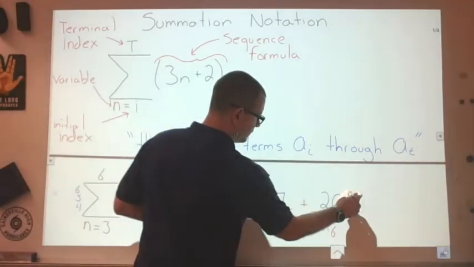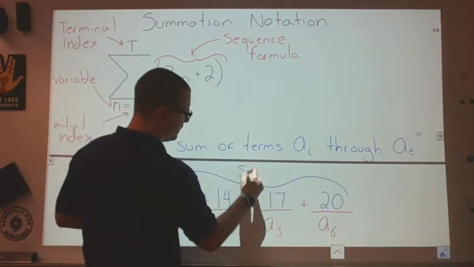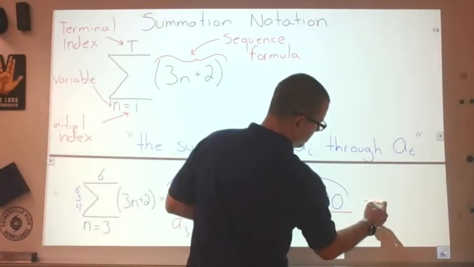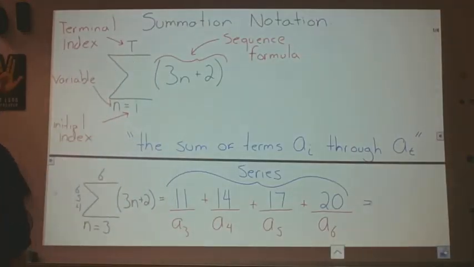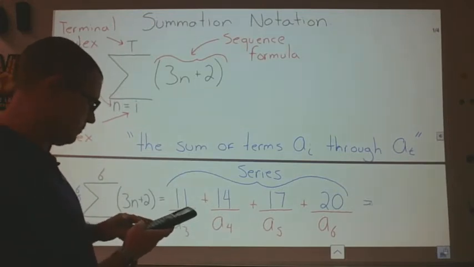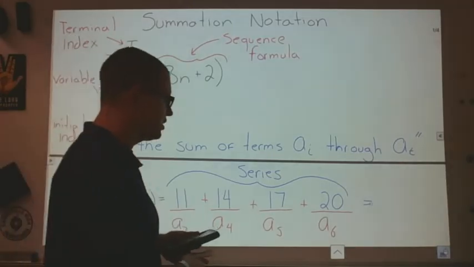This is the series. And if we add those all up, we get a partial sum. 11 plus 14 plus 17 plus 20 is 62.